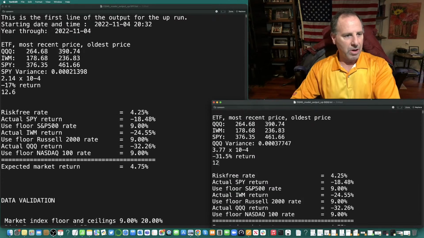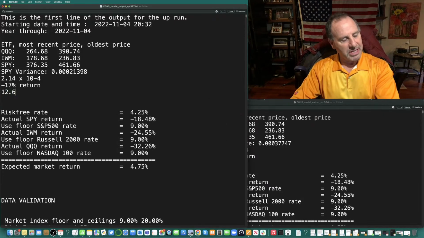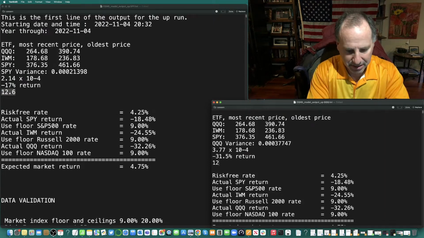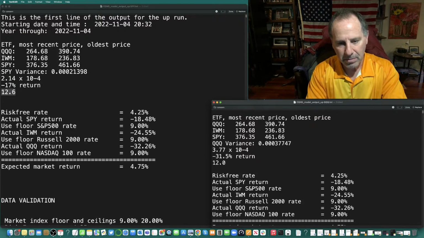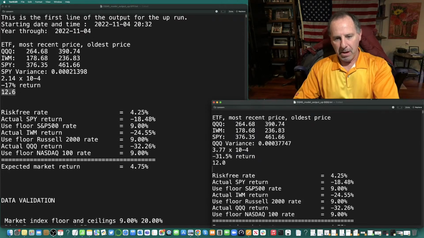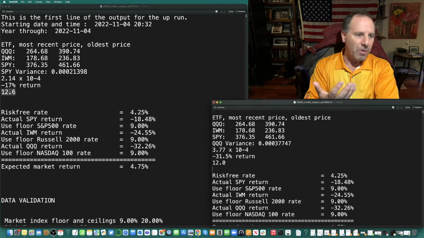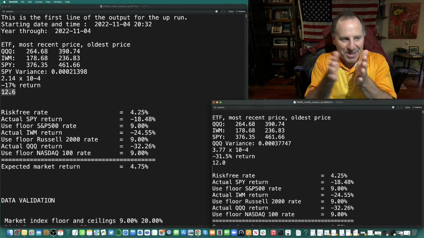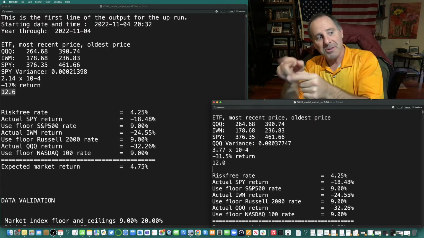So you could basically round it and say that it's the same, right? It's like 11.97. It's 12. So your return is lower because your risk is higher, because the expected return isn't yesterday's return, it's tomorrow's.